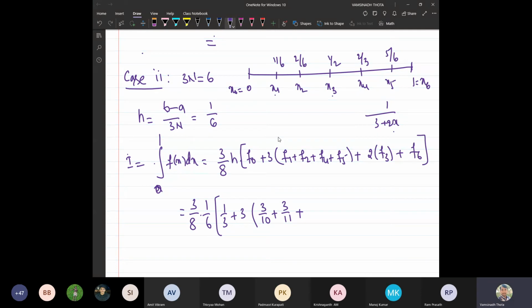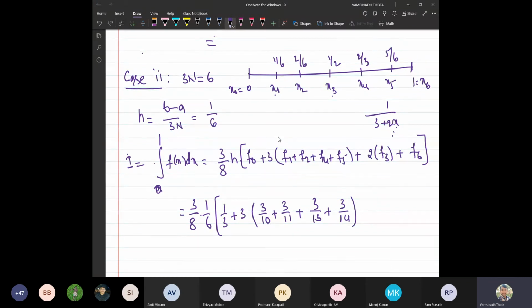Then x4 and x5 we need to evaluate. 2 by 3, 4 by 3, 3 into 3, 9 plus 4, 13. And then 5 by 6, 2 into 5, 10, 10 plus 18, 28, 6 upon 28, 3 upon 14.